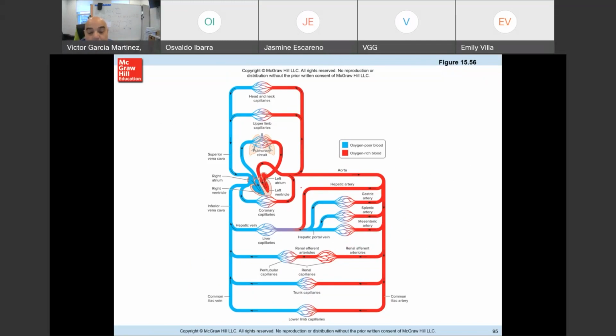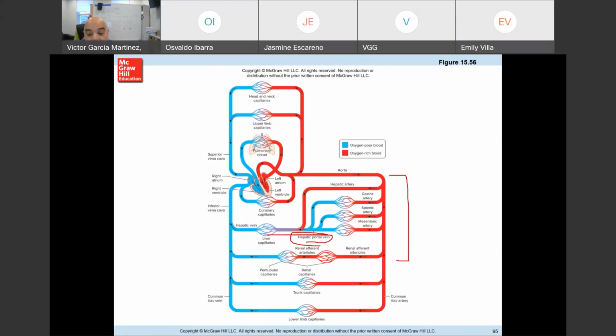But every single organ in your abdomen is using a filter system, and that filter is called the portal vein. This portal vein is going to be a filter after the organs.